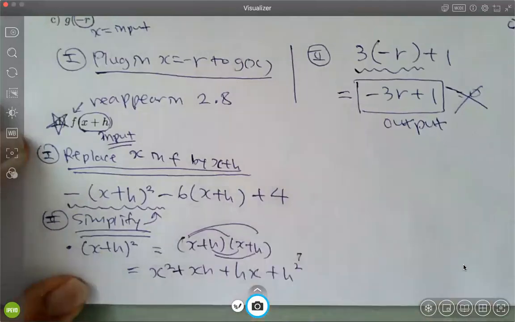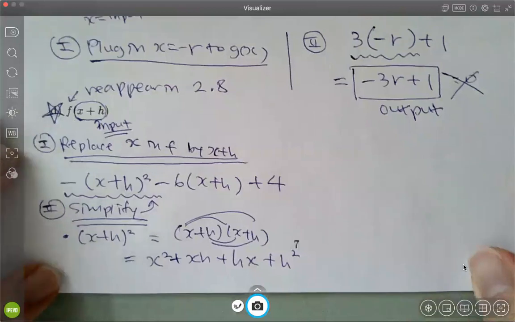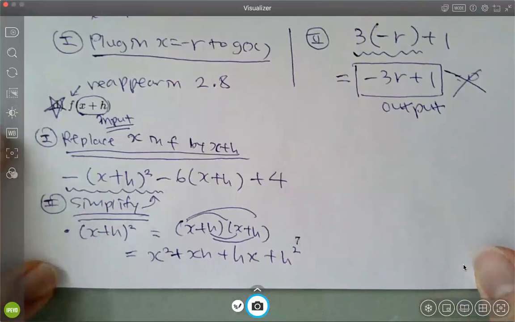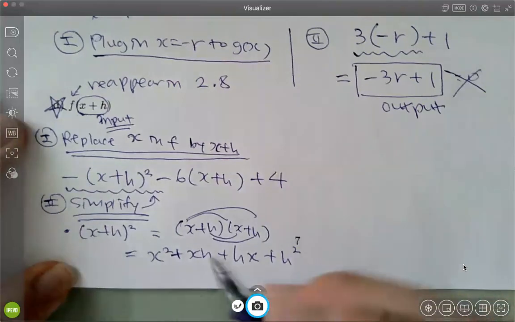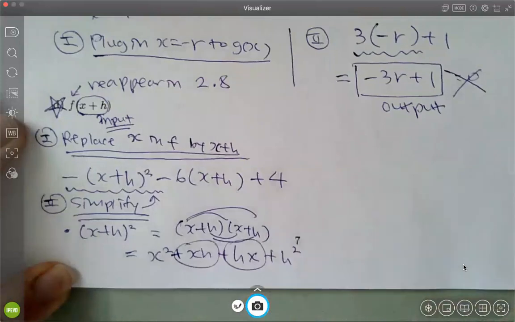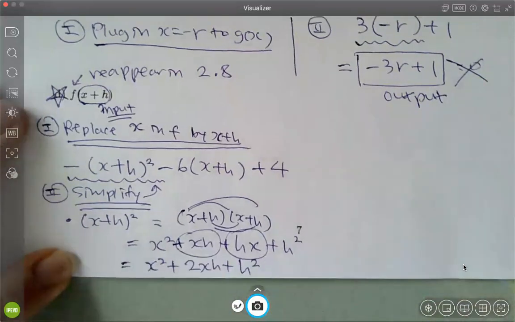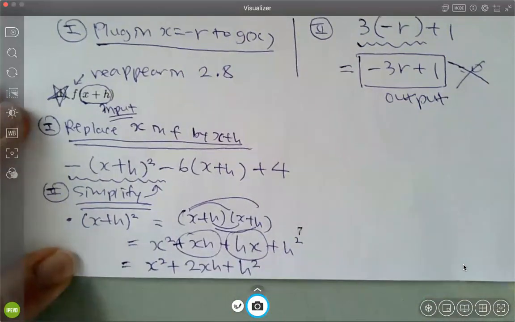Now, do we have any like terms here? What are the like terms? XH and HX. Right? They look different, but they are the same, right? So what do you have? X squared plus 2xh plus h squared, right? You can write 2hx either way.